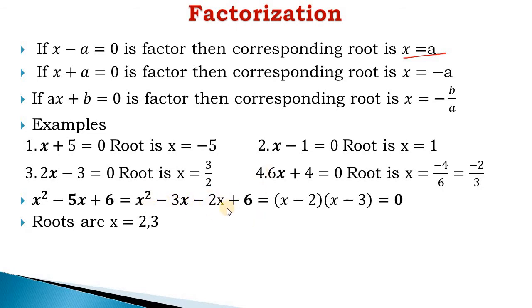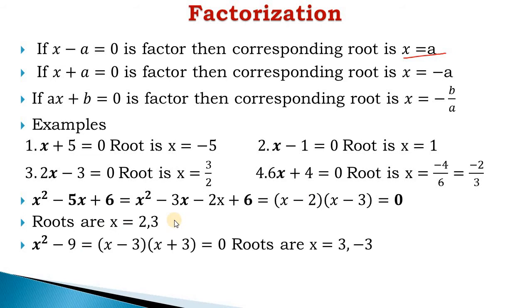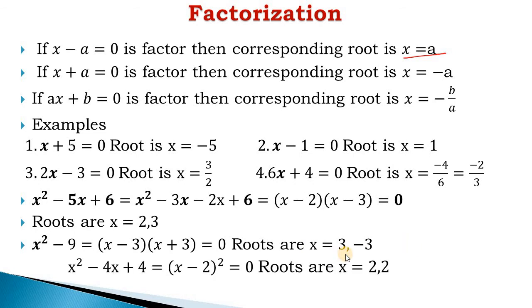Again I take minus 2 outside, x minus 3, and then the factors are x minus 2 and x minus 3. So the roots are 2 and 3. Similarly, for x square minus 9, x minus 3 and x plus 3 are the factors, and the roots are plus 3 and minus 3. In this way you can find factors.